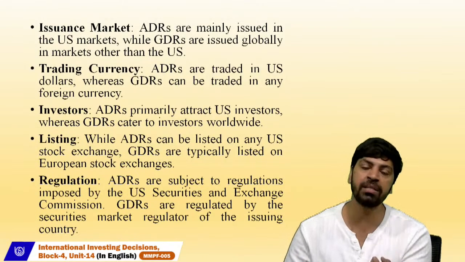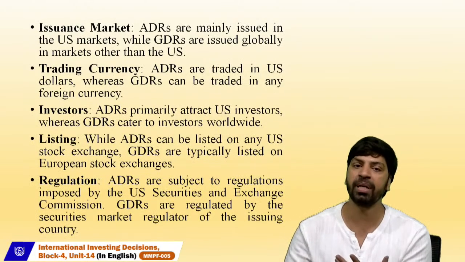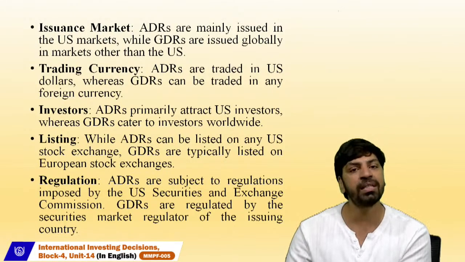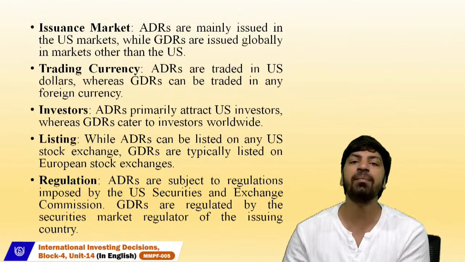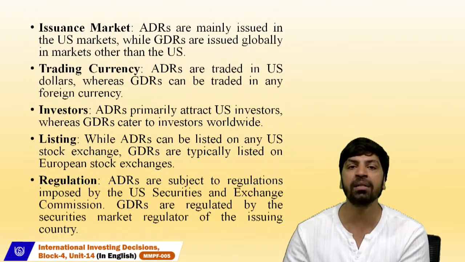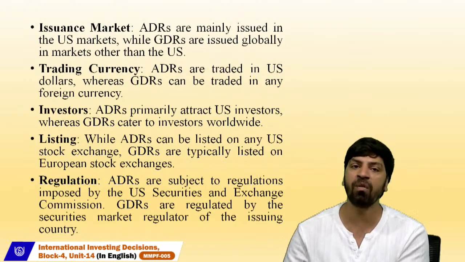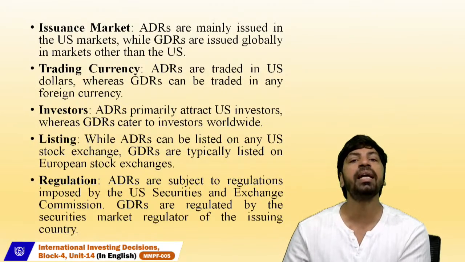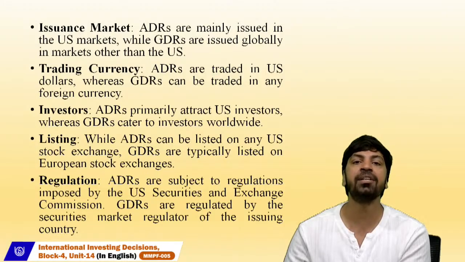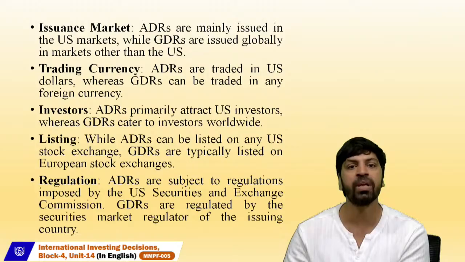It could be rupees, euro, or pound sterling, etc. Next is investors. ADRs primarily attract US investors, but GDRs attract investors worldwide. Listing: ADRs can be listed on any US stock exchange and GDRs are listed on European stock exchanges.